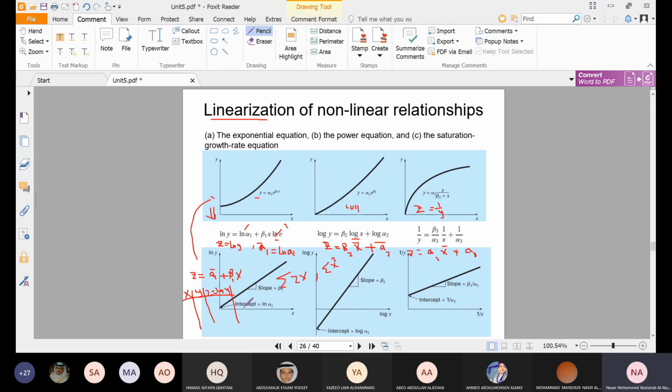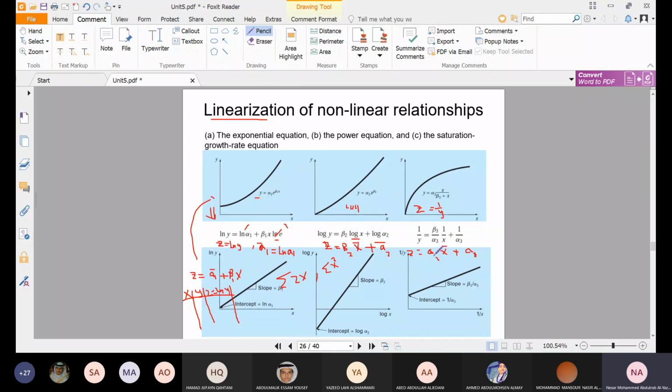And after that, we need to solve this problem for the new parameters. So I need to find the sum of x bar multiplied by z, and also the sum of x bar squared, and the square of the sum of x bar. And after that, we find the values of alpha 0 and alpha 1.